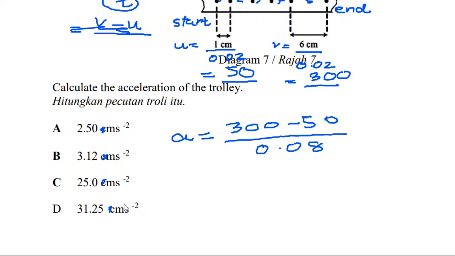Because the answers given, they have no choice. The answer just now is 3125 centimeter per second, but then there is no answer. So let's say I change everything to meter, is there an answer? Yes, the answer will be D, correct. Divide by 100.